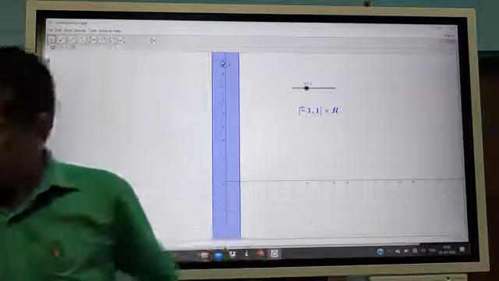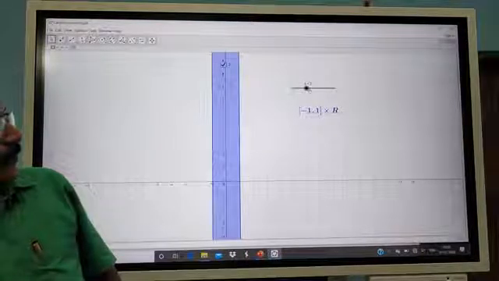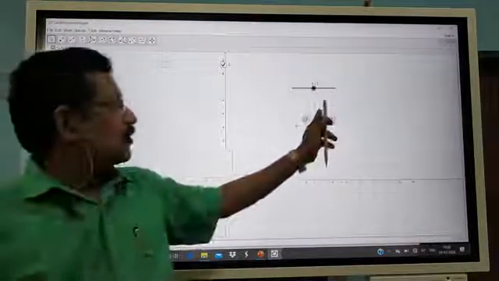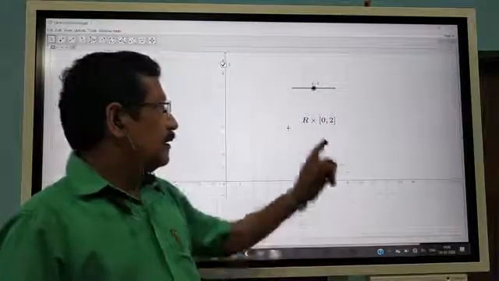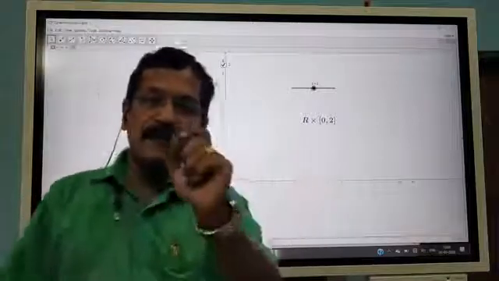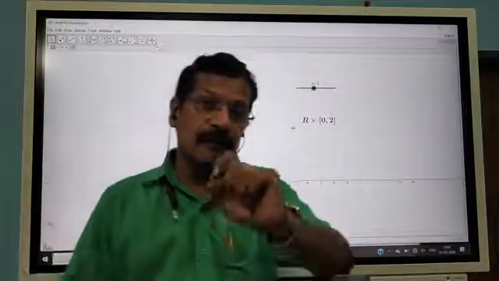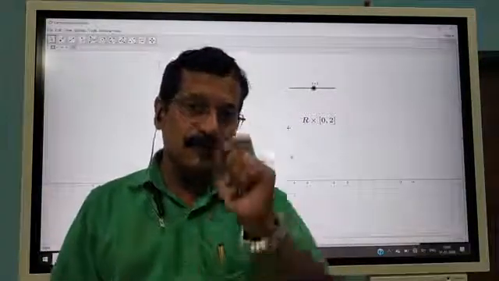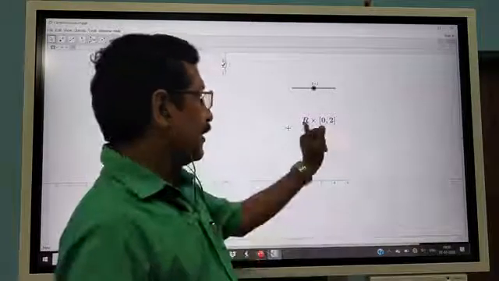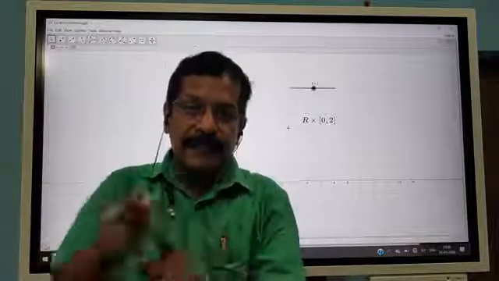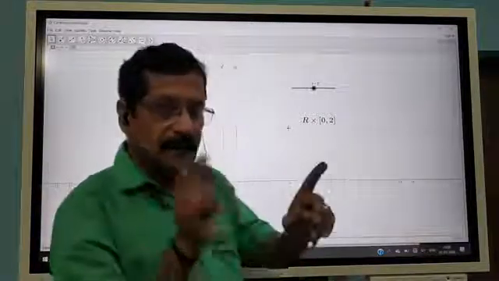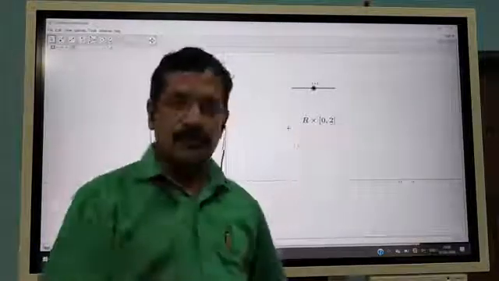Let us think about another example. R cross the closed interval [0, 2]. Here, in the set of all ordered pairs, the first components are elements of the real numbers R, and the second components of the ordered pairs are elements of the closed interval [0, 2].